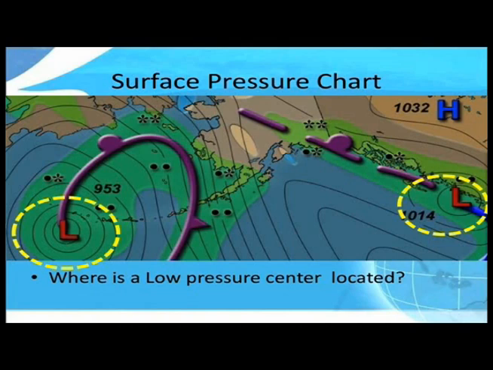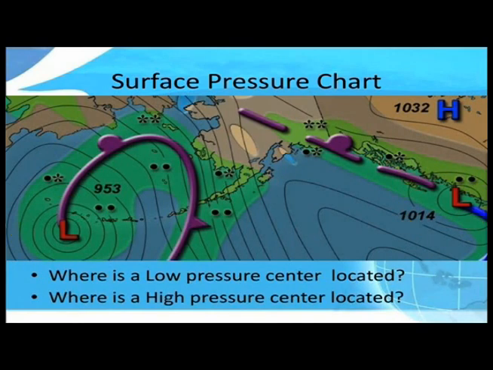If you said over here by the Western Aleutians, where this red low is, that would also be a correct answer. Where do you think a high pressure center is located? Well, if you pointed up here to this blue high, that would be the correct answer.